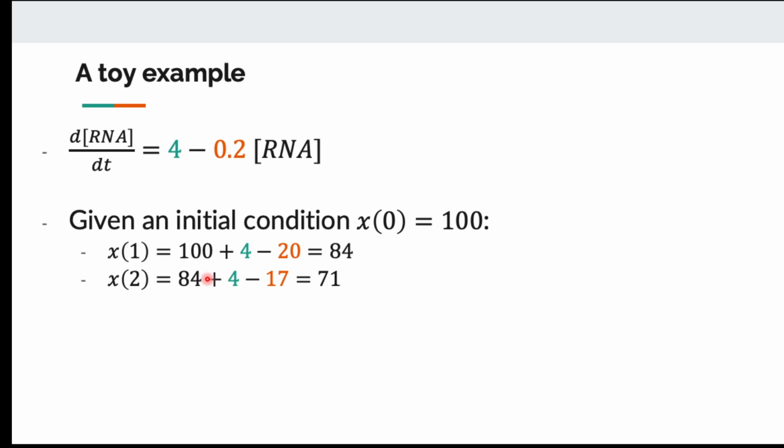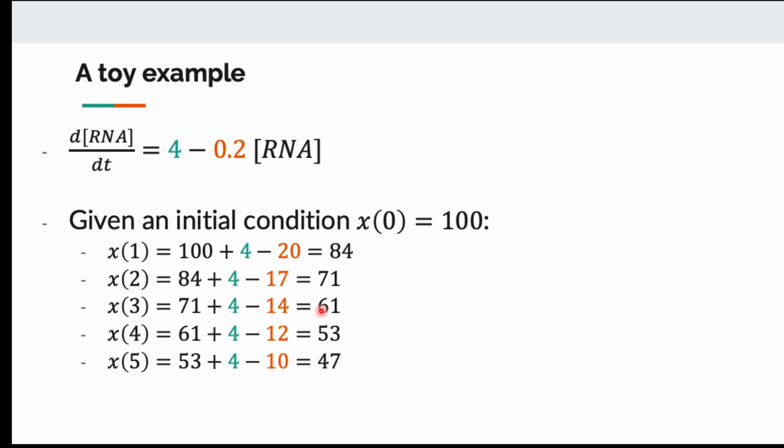The next time step, we have 84, and the cell produces 4, and we lose 20% of 84, which is about 17. So we're going to be left with 71. And the next step, we start with 71, the cell produces 4, and we lose 20% of 71, which is about 14. So we have 61.